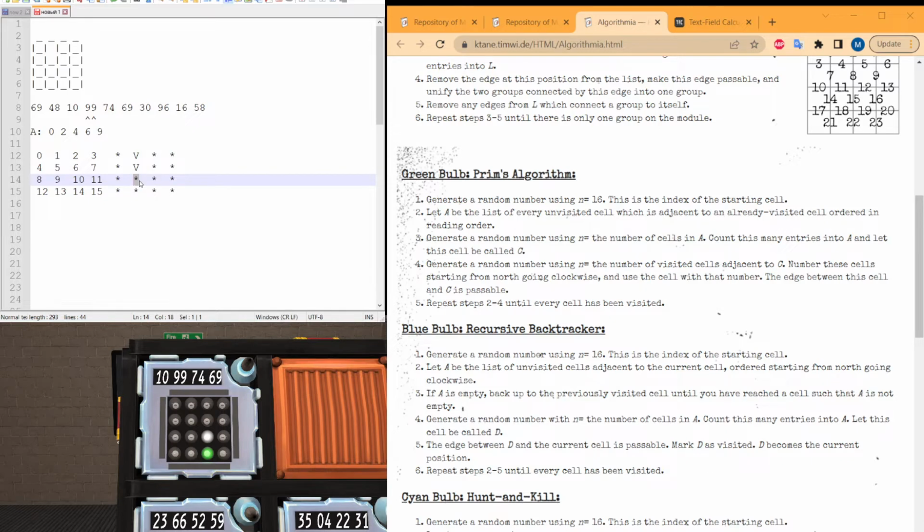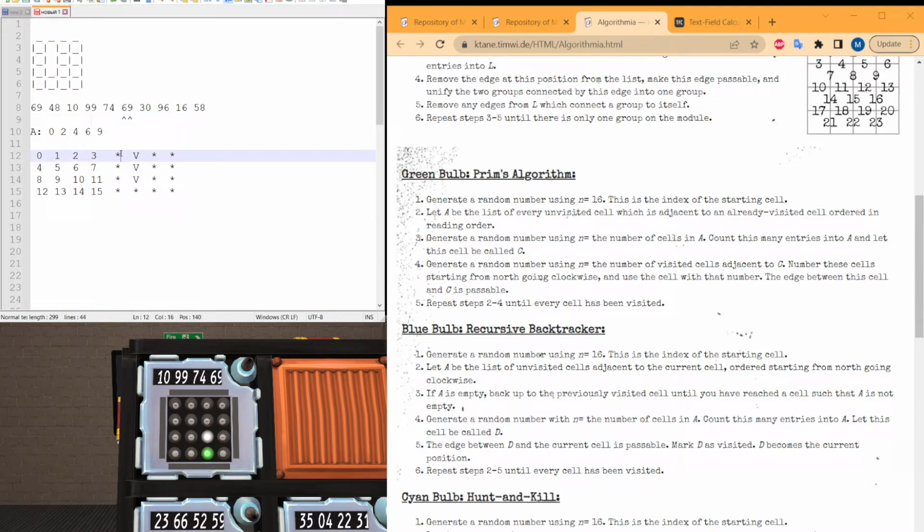Since it's only one adjacent visited cell to this cell C, this is the only possibility, so we remove the wall between the two of them and mark the cell V again. Now don't forget that technically we had to generate a new number, although we had only one possibility, so move the pointer.